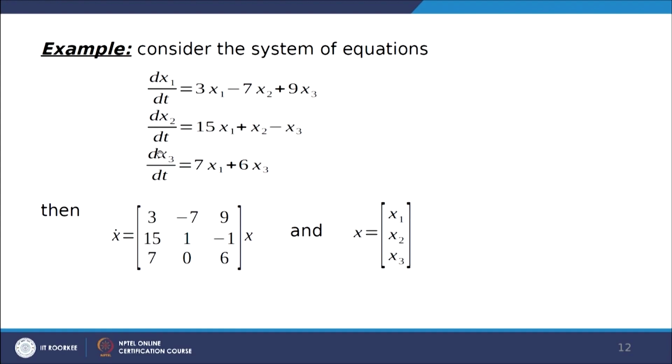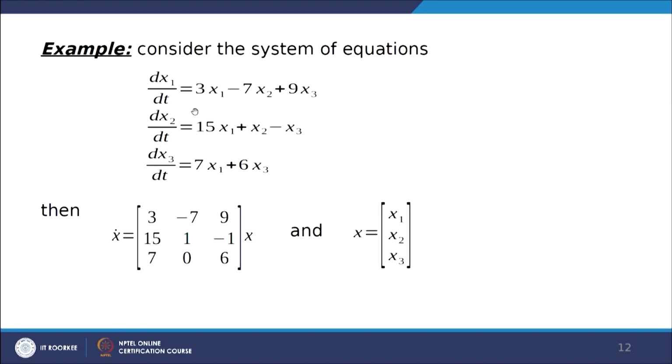So, this left side can be represented by the vector valued function x dot, and on the right hand side the coefficients of x1, x2, x3 are 3, minus 7, 9 in the first equation, 15, 1 and minus 1 in the second, and 7, 0, 6 in the third.